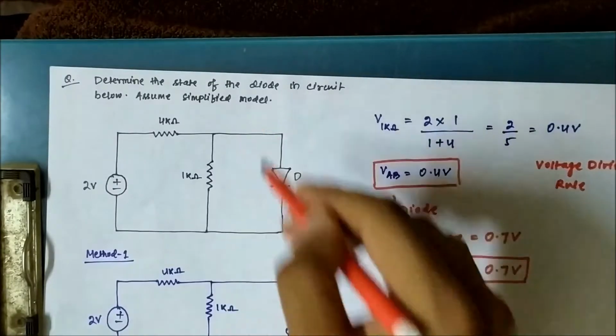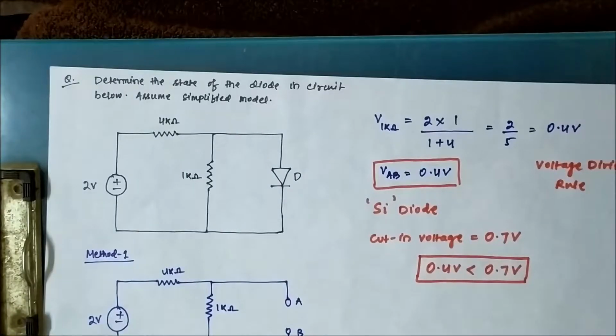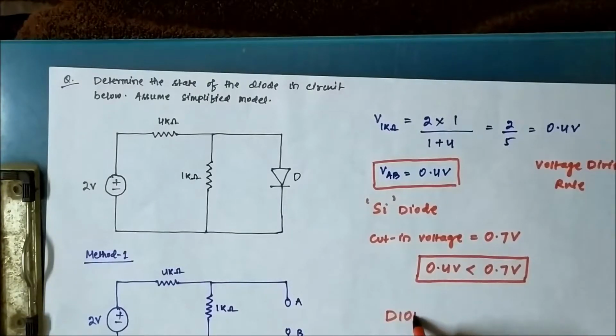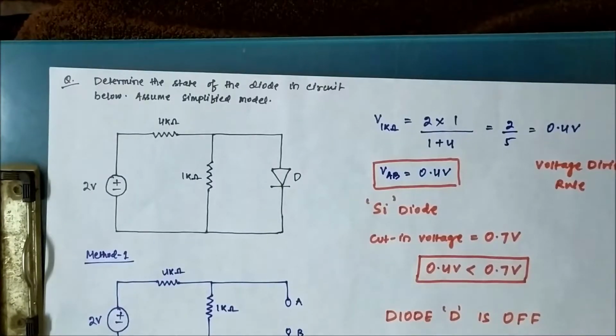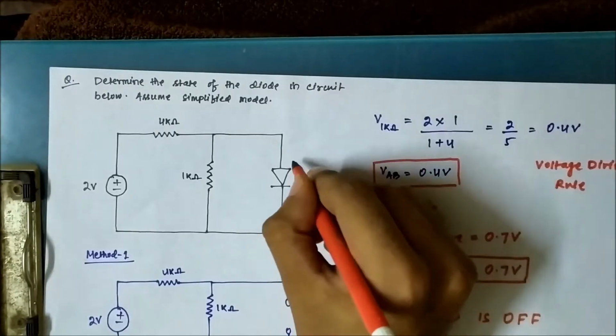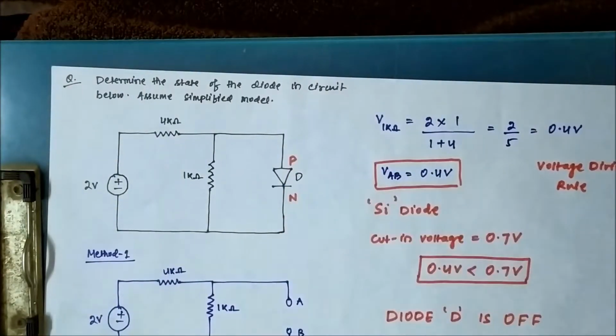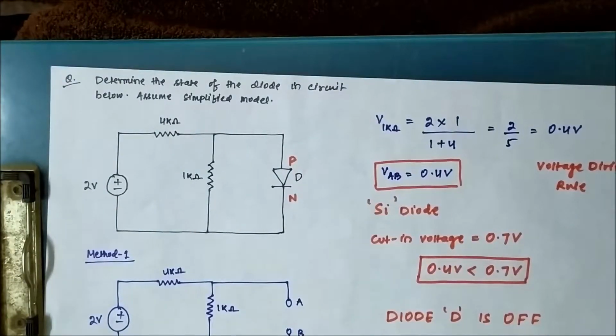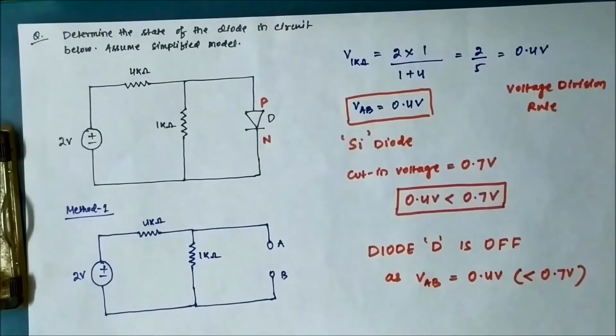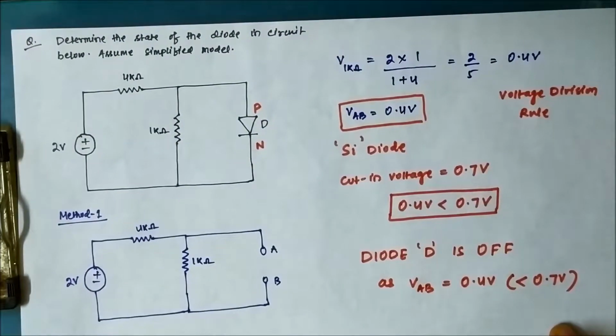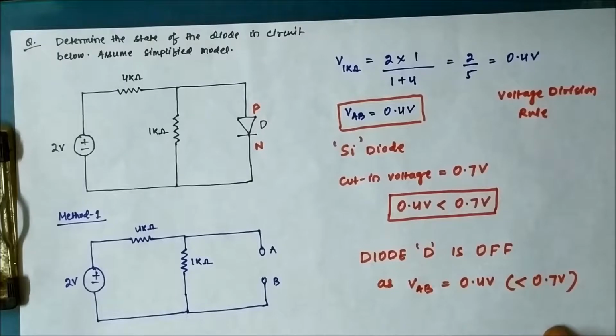So the state of the diode in this circuit is off. Diode D is off, as VAB, the voltage across the P and the N terminals, is equal to 0.4 volt, which is lesser than 0.7 volt, the cut-in voltage of the silicon diode.